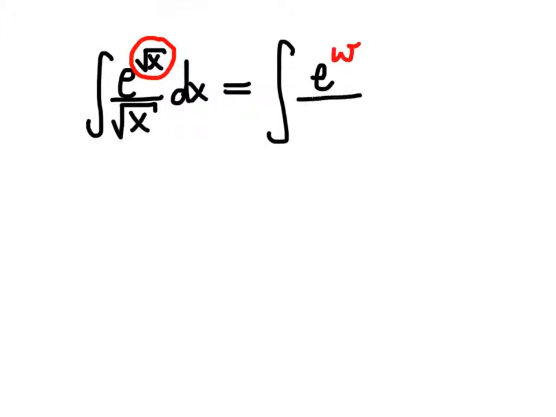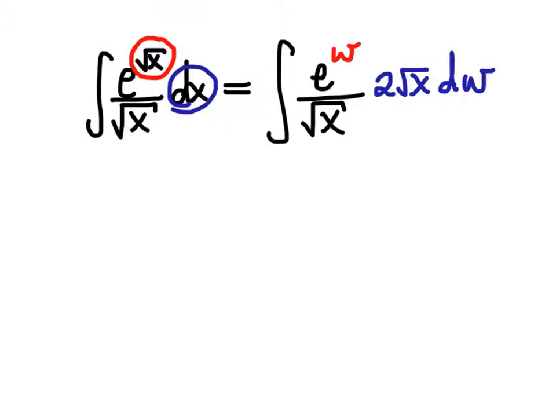You might be tempted to also replace the denominator by w, but you'll quickly find that that doesn't really get you anywhere. So let's leave the square root of x in the denominator for now. With experience, you'll be able to know when to do this and when not to. And finally, you'll replace dx by what we found for dx, which was 2 square root of x dw.